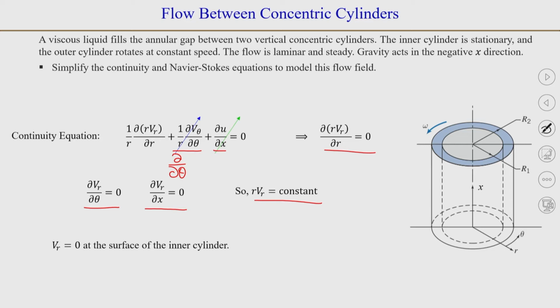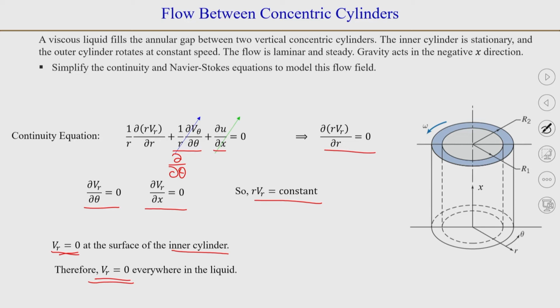Now, we can use the boundary condition at the surface of the inner cylinder, which is stationary. So, because of the no slip boundary condition, there v_r is equal to 0. So, that means if v_r is equal to 0 at the inner cylinder, then v_r needs to be 0 everywhere in the liquid, in the entire annular space.